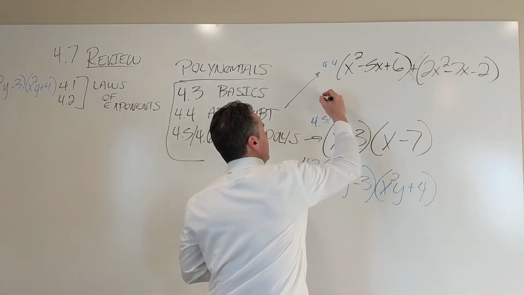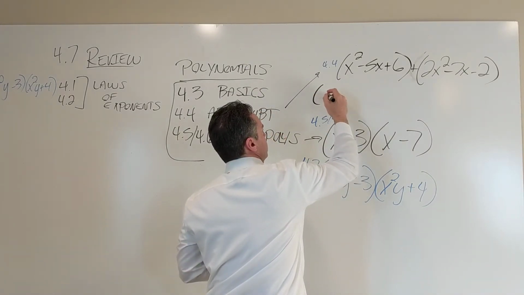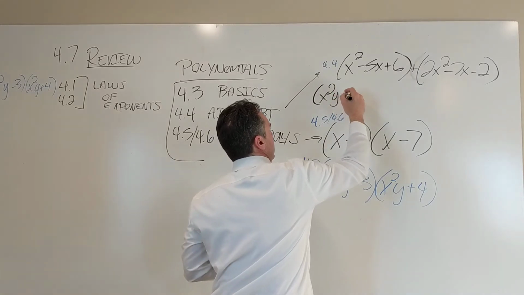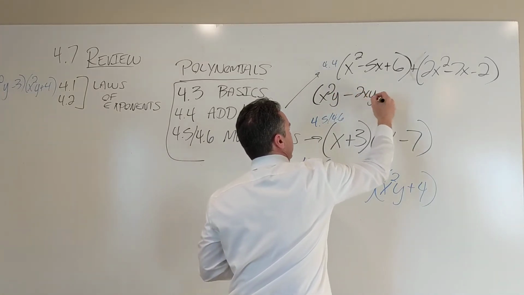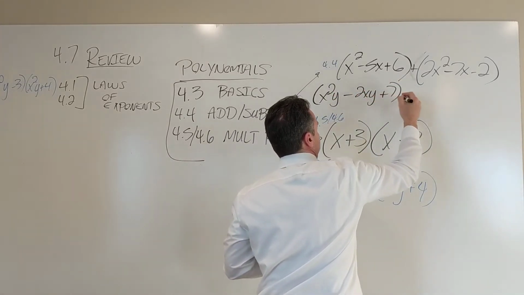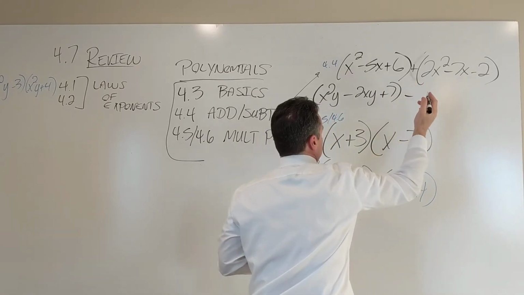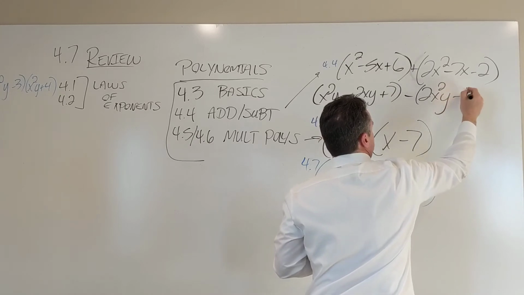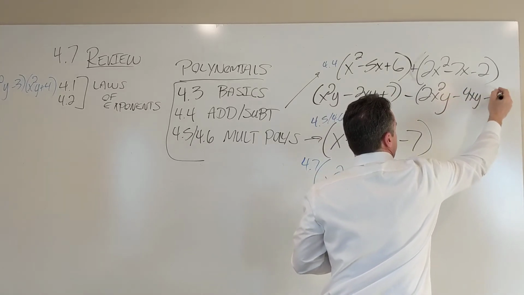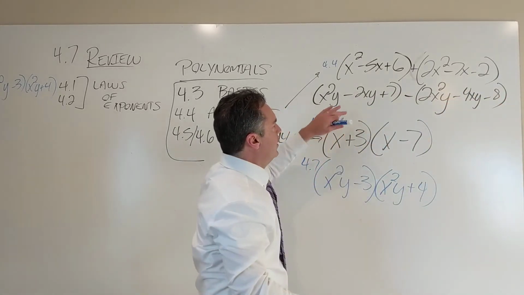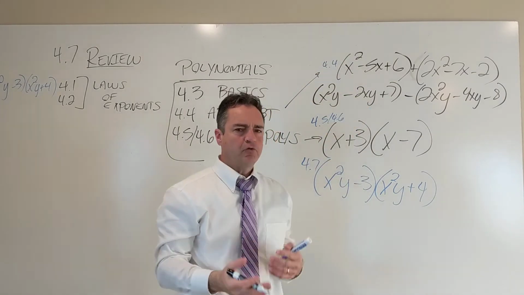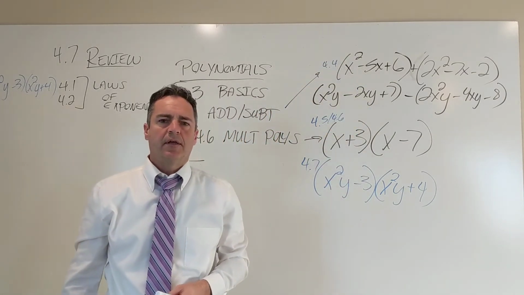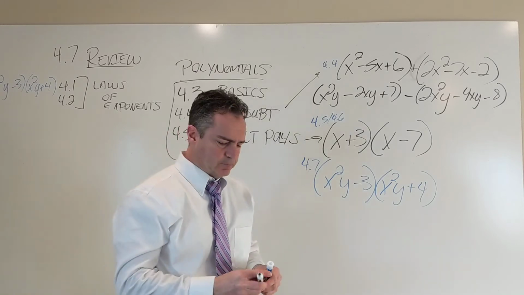Now we might have like x squared y minus 2xy plus 7 minus, so subtraction of polynomials, 2x squared y minus 4xy minus 8. Again, if we compare the terms, you'll see these multiple variable combinations. That should make sense to you, all right?